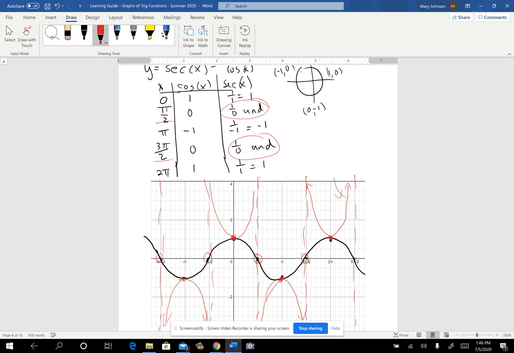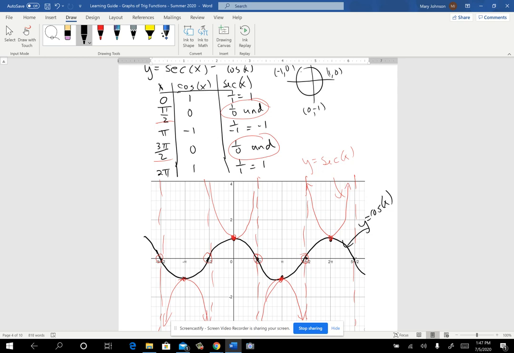So this right here, that's the graph of y equals secant x, and we did it by first thinking about y equals cosine of x, and then just doing the reciprocal of those 5 key values. But see how even cosecant and secant were periodic? They kept repeating as you went to the right and to the left.